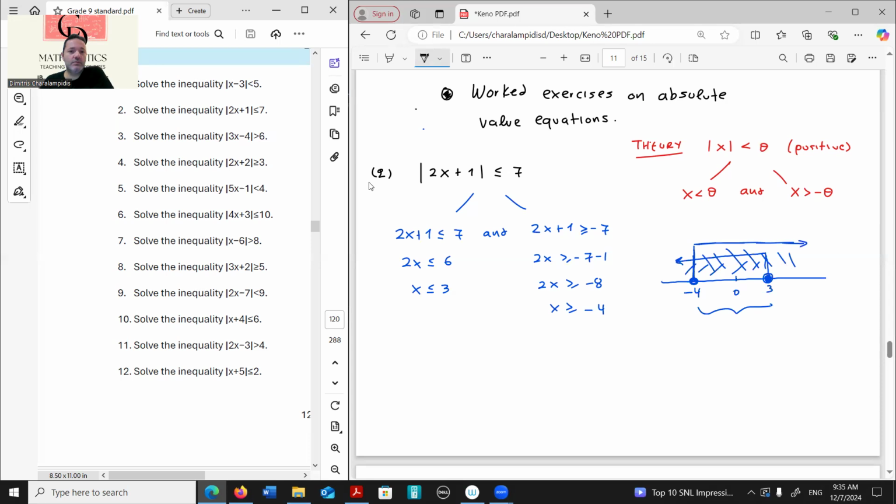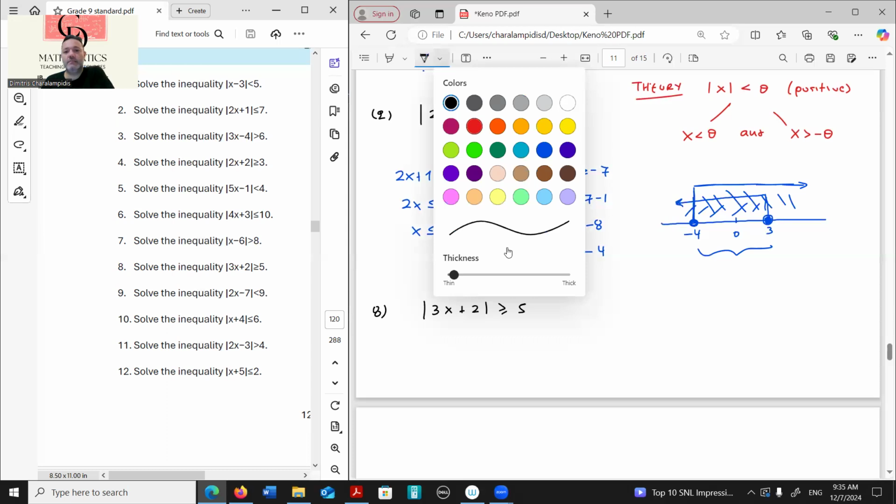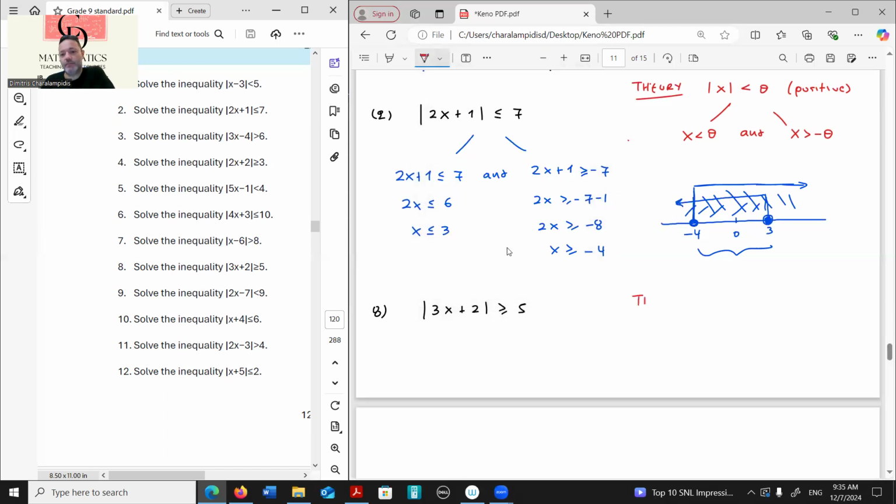And let's do 8. 3x plus 2 greater than or equal to 5. Again, let's begin with some theory.